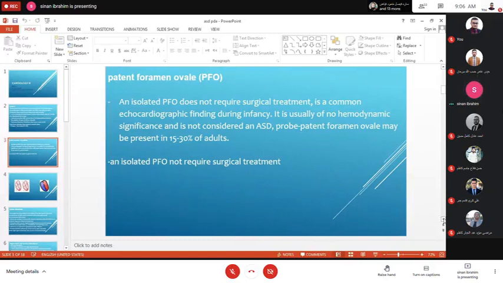This constitutes an indication for closure, but usually we leave it without any treatment if the patient doesn't have any complication.